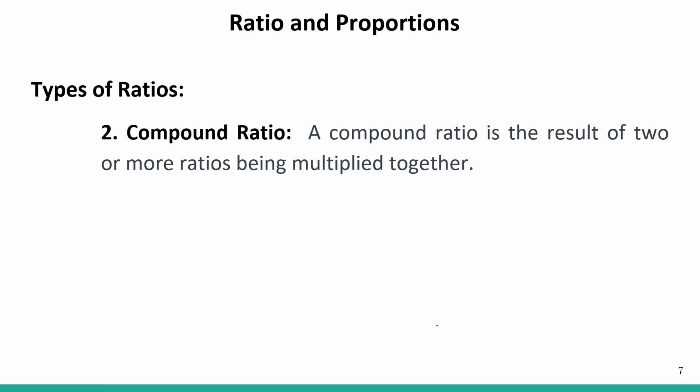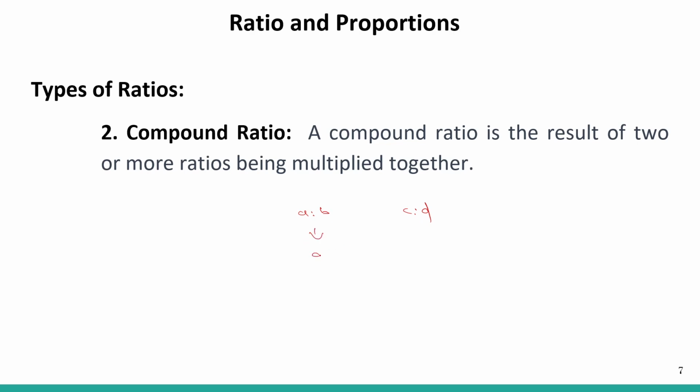Let's see the second type of ratio, that is the compound ratio. Compound ratio is the result of two or more ratios being multiplied together. So you have two ratios, A is to B and C is to D. What you do is you multiply these two.